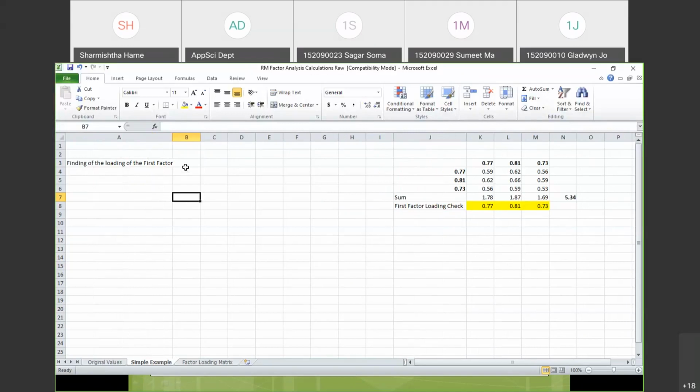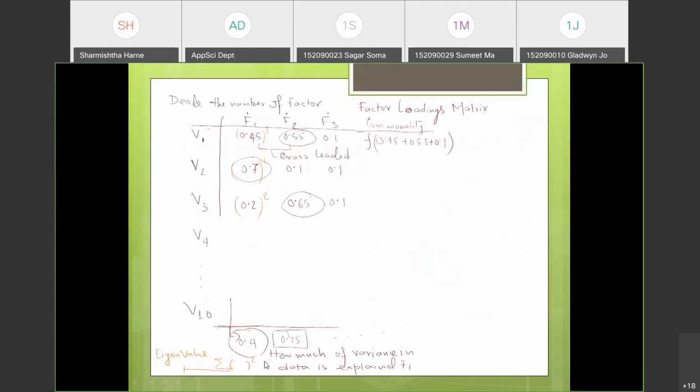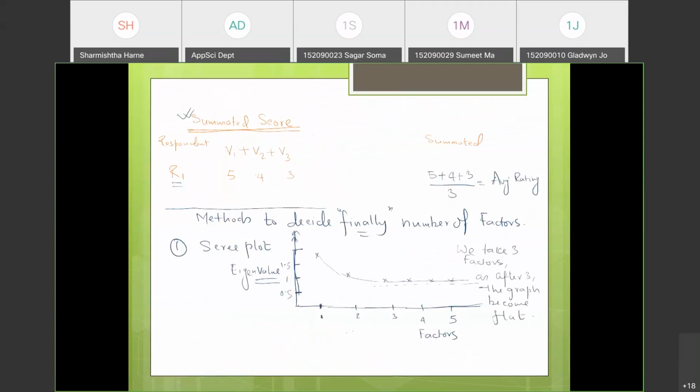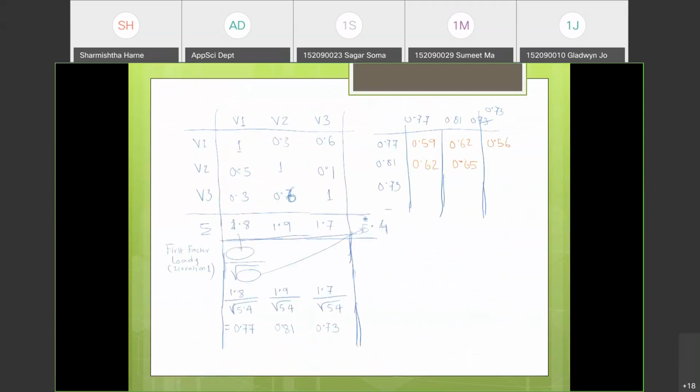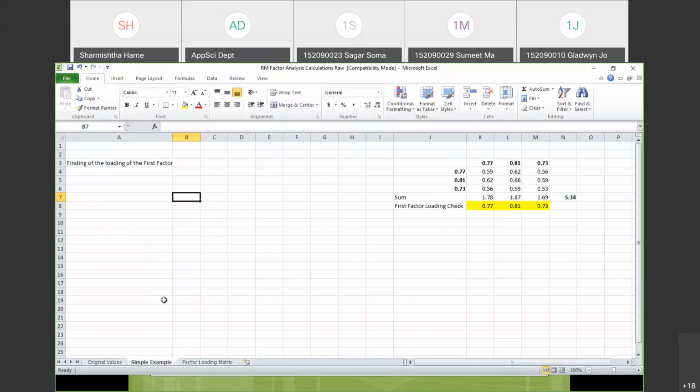Okay. So we can quickly write the correlation matrix also. V1, V2, V3. So it is easier for you to refer to data. V1, V2, V3, and this is the correlation matrix. Here also V1, V2, V3.